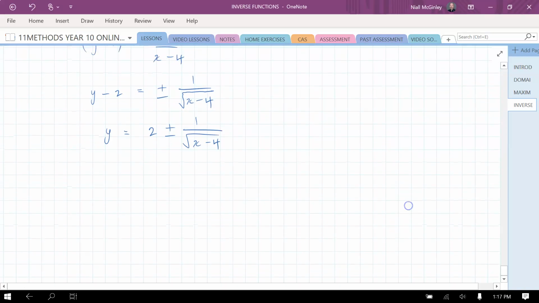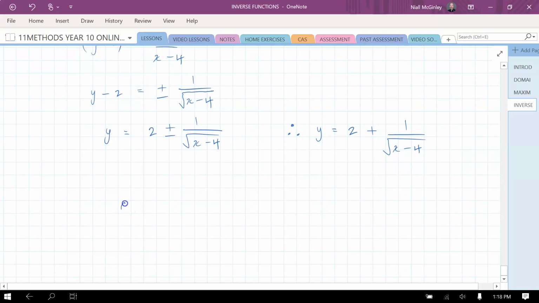So if we look at the function we've got here, to get values between 2 and infinity, are you going to do 2 plus this value here, or 2 minus this value here? Because you have a square root there, this can't possibly be negative, so it's going to be a positive value. So obviously, to get values between 2 and infinity, you've got to do 2 plus 1 over the square root of x minus 4. And that's going to be your inverse function.